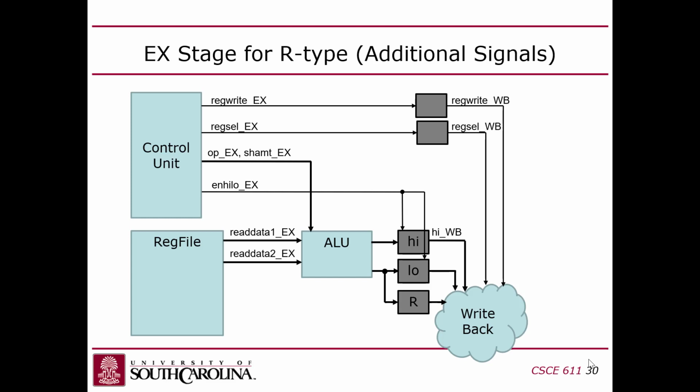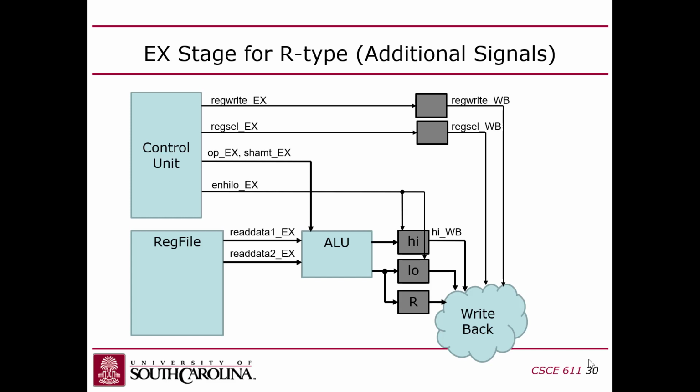Okay, so control unit, what's a control unit doing? Control unit has to tell the register file when it should write, because it doesn't always write. There's some instructions that don't write a register. Not many, but there's some, like the store instruction, the branch instructions, the jump instructions, the move from high, move from low. Or actually, sorry, move from high, move from low does actually write a register.